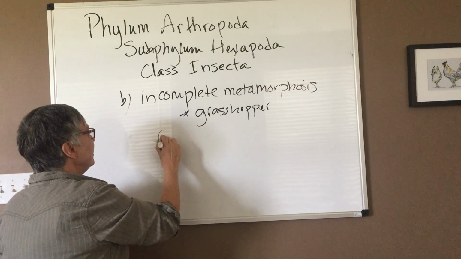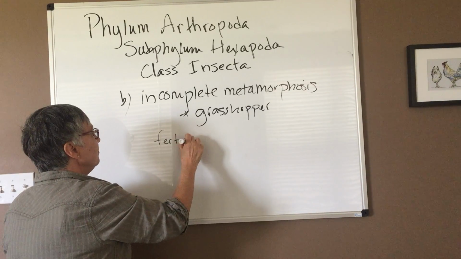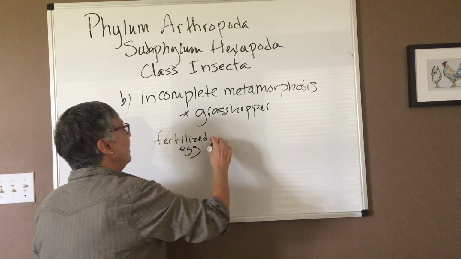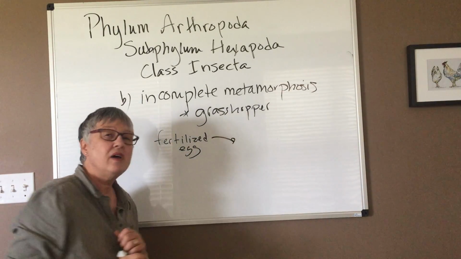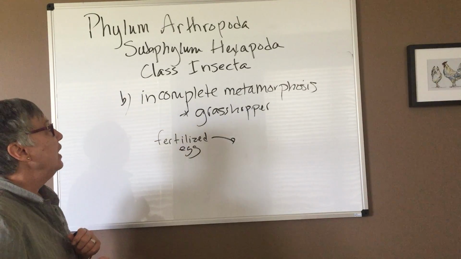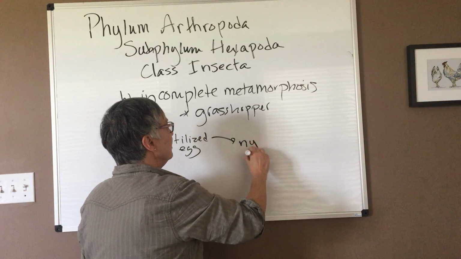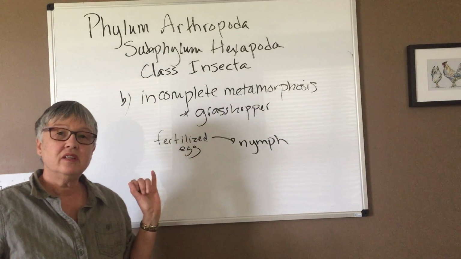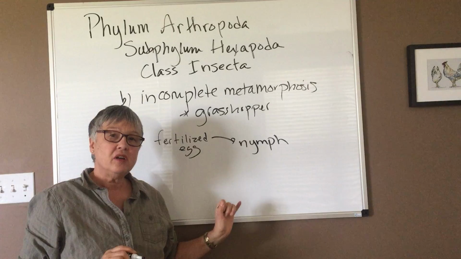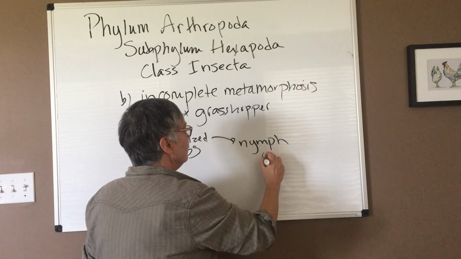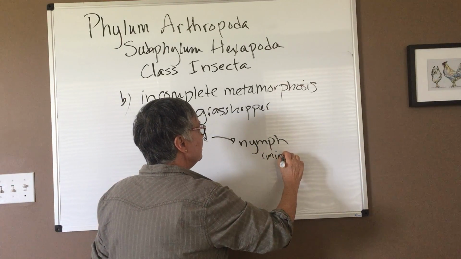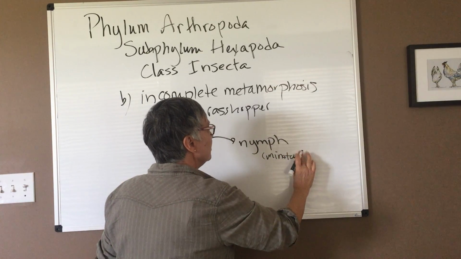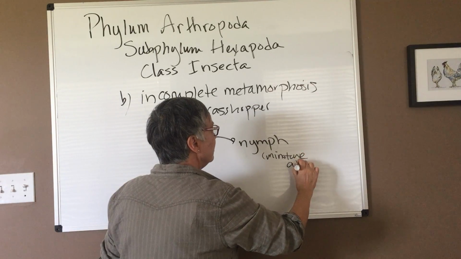We're going to start again with the fertilized egg. And that egg will develop into what is called a nymph. And the nymph will actually look like a miniature adult. So we're going to put that down: miniature adult.